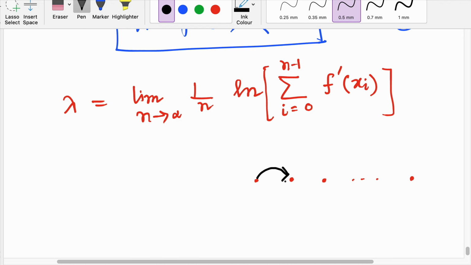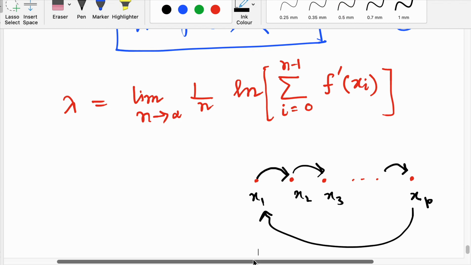From x1 to x2, x2 to x3, and at last it hits xp, and if I iterate again, it goes back to x1.